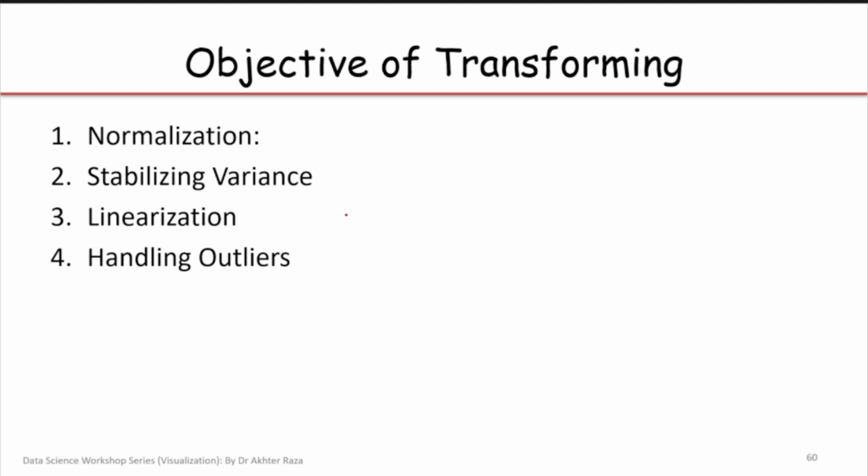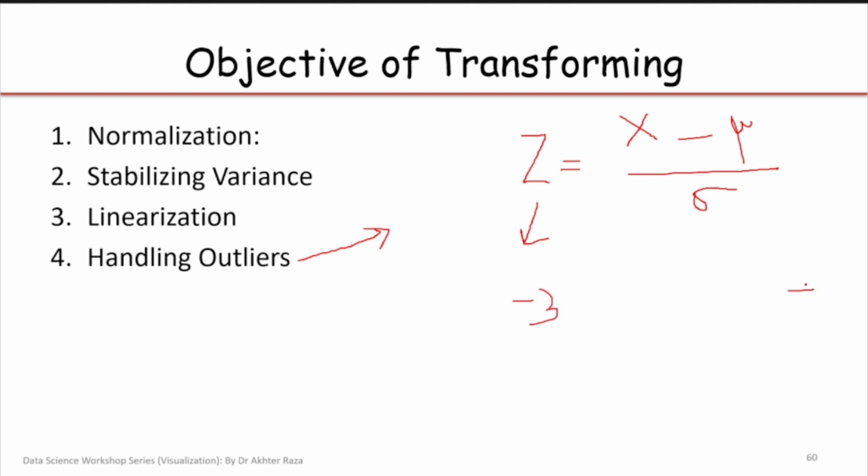A very simple transformation for handling outliers was discussed in my last lecture, creating the z-score. The z-scores can be created by subtracting the mean of the variable and dividing by the standard deviation. Then the data is transformed into z, and all the values of z which are below -3 and all the values which are above 3 will be assumed as outliers.